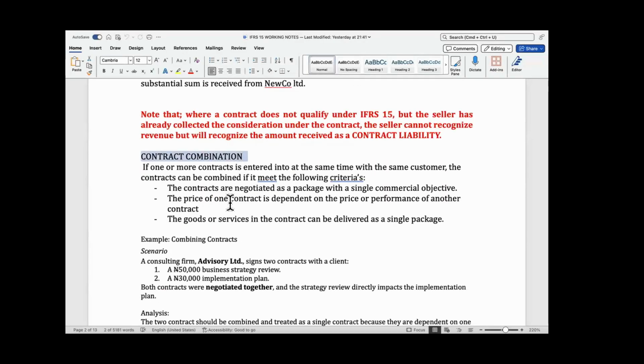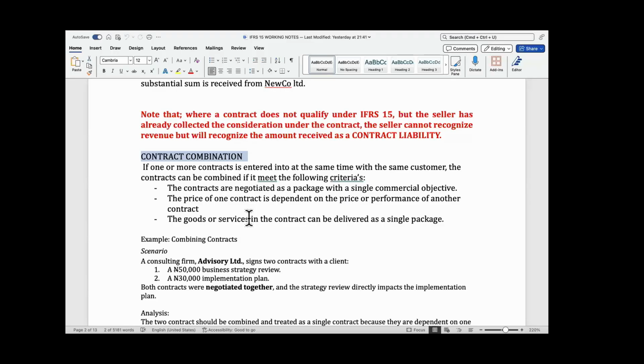When you have contracts entered into at the same time with the same customer, you can combine them if they meet certain criteria: if the contracts are negotiated as a package with a single commercial objective, or if the price of one contract is dependent on the price or performance of another, or if the goods or services in the contracts can be delivered as a single package, then combine those contracts together.